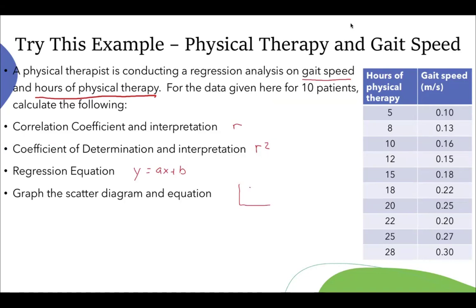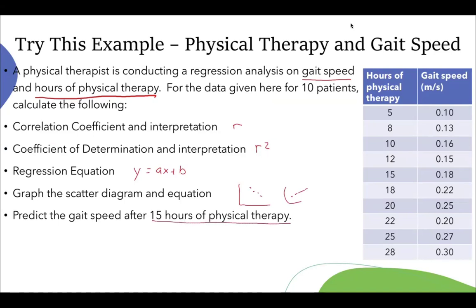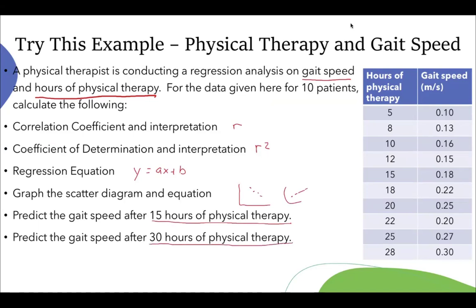So I don't know what it looks like. I don't know if it looks like that or if it looks like that. I'm not sure yet. We'll see. And we're going to make a prediction. Predict the gait speed after 15 hours of physical therapy. And predict the gait speed after 30 hours of physical therapy.